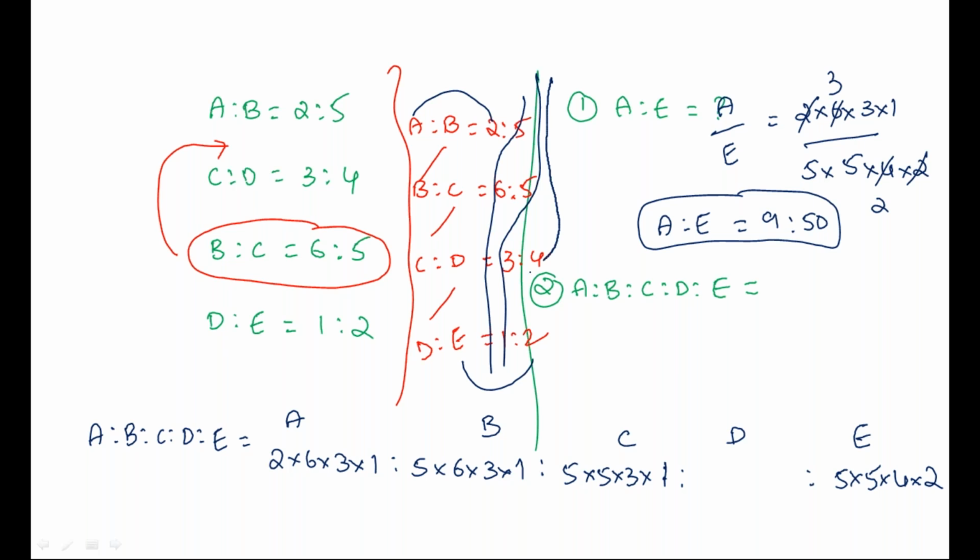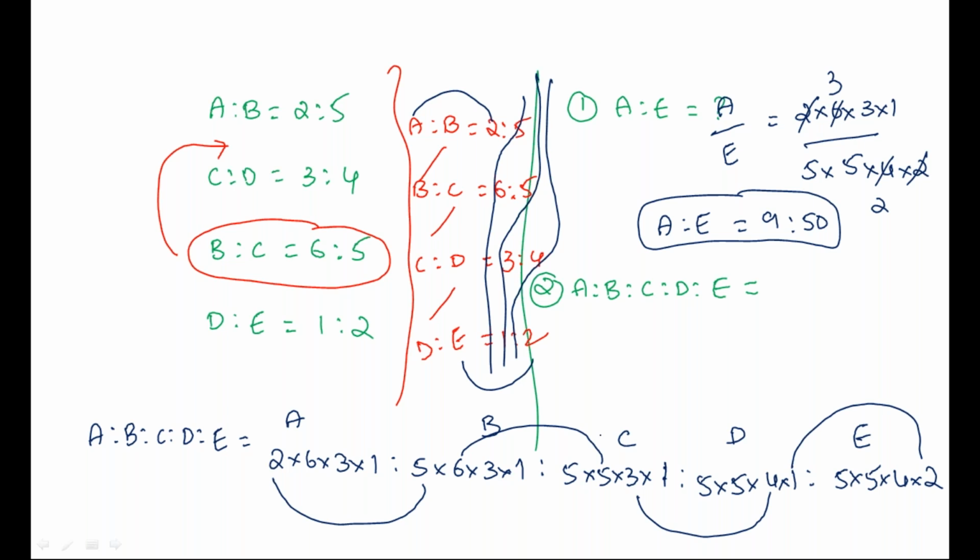Next, one more step, 5 into 5 into 4 into 1. We are changing from left to right, one value at a time. First the leftmost value changes, then the second number, next the third number, now the fourth number. One number you are changing. That's a very, very simple way of analyzing.